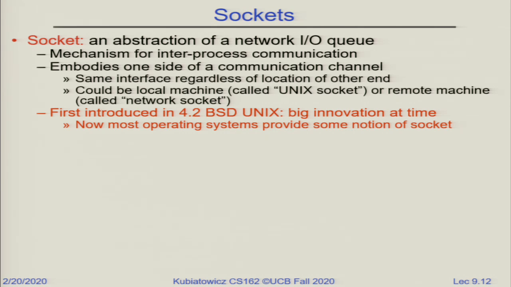So BSD Unix, Berkeley Standard Distribution Unix, was known for many new revolutionary things that lots of people cared about. 4.2 was particularly important because it had a bunch of new things. It had the fast file system. We'll talk about that later. It had sockets for the first time ever.